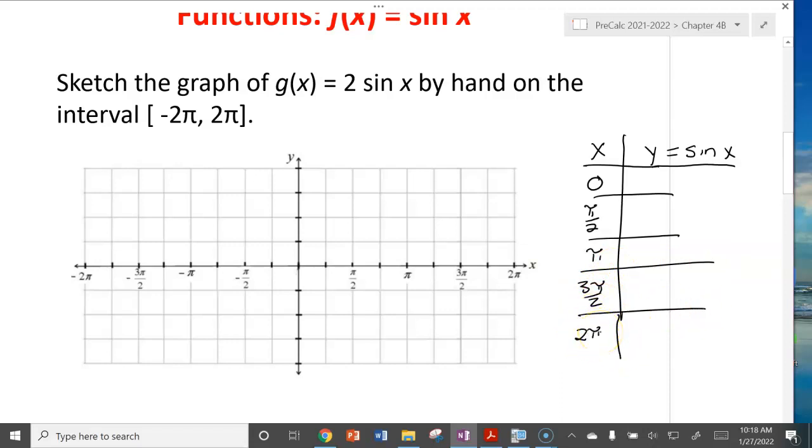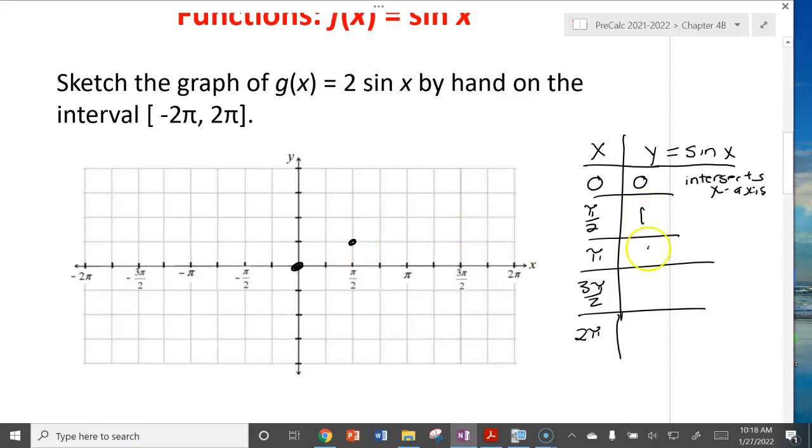The sine of 0 is 0. So that's right here, and that's where it intersects the x-axis. Your book calls that an intersection. Sine of pi over 2 is 1.